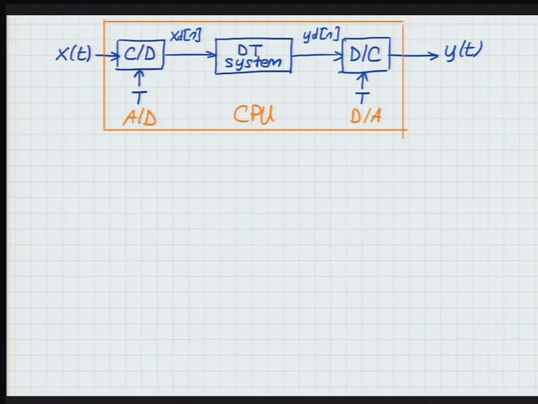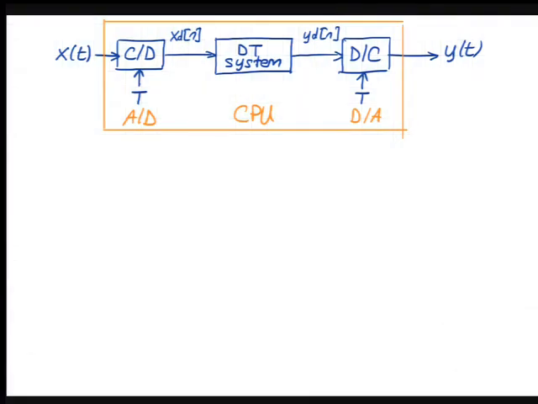Okay, so it is a linear continuous time system if the DT system is linear. What about time invariance?